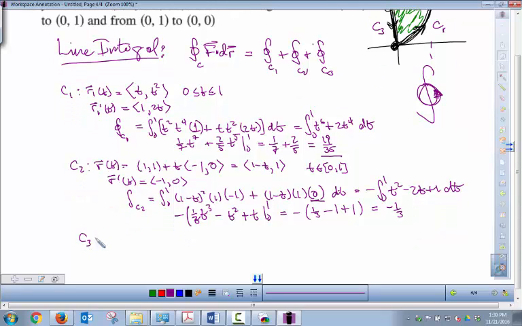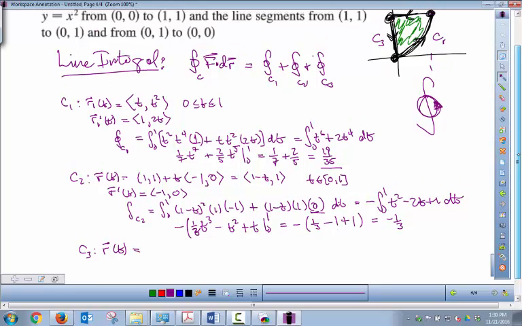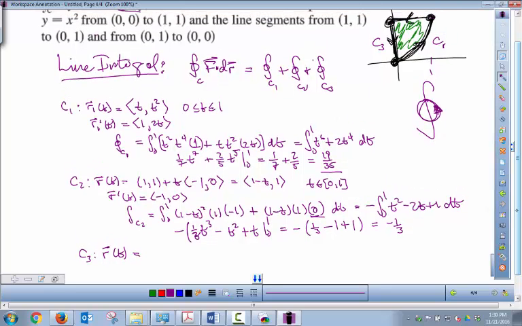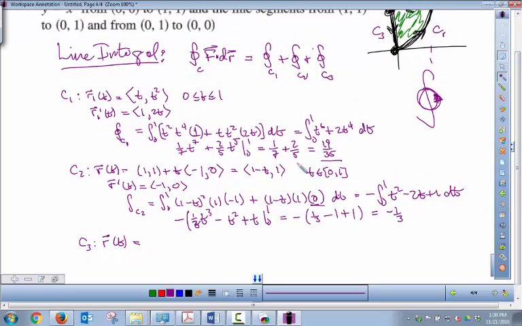We got one more. So if we follow the same rules as we did over here, it looks like our y is going to be 0 the whole time, and then your x is going to go from 1 to 0, so I think that's a 1 minus t again.